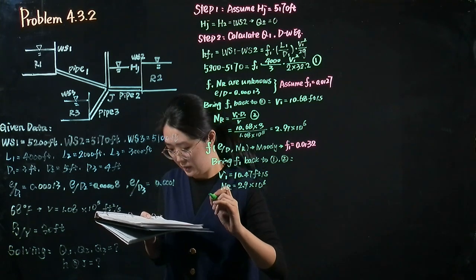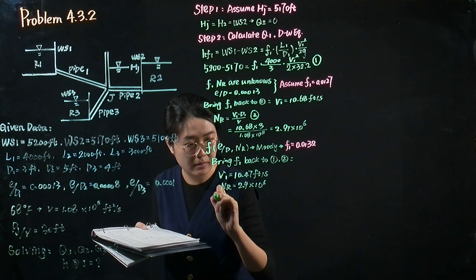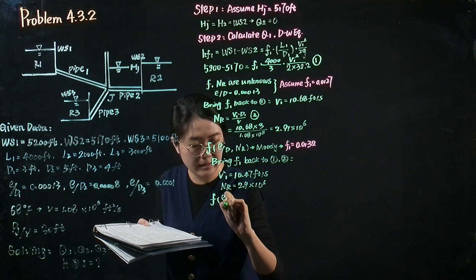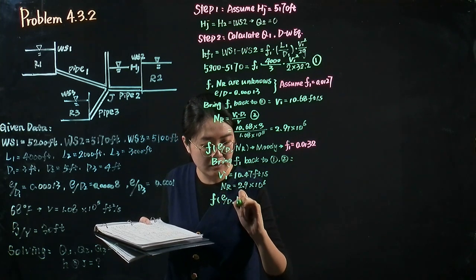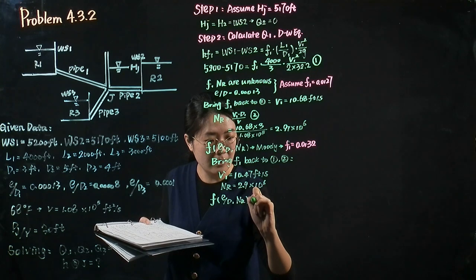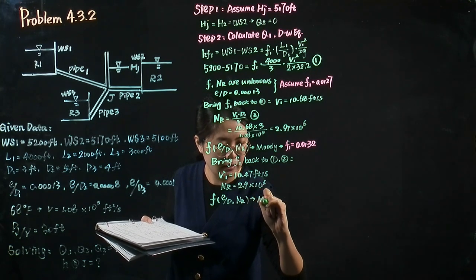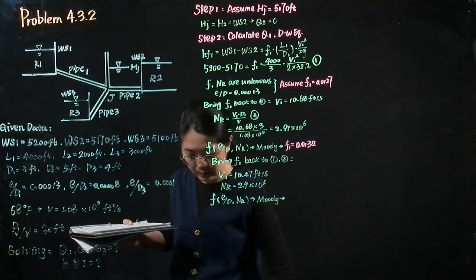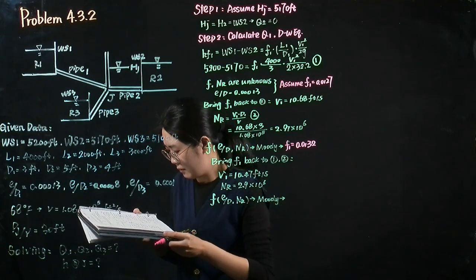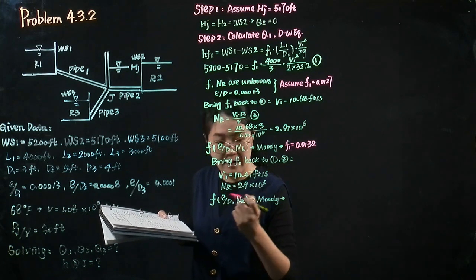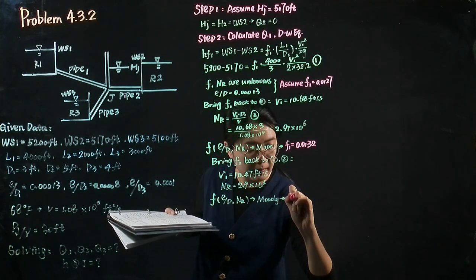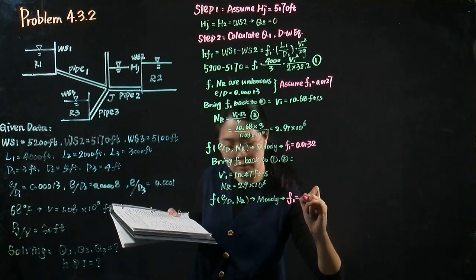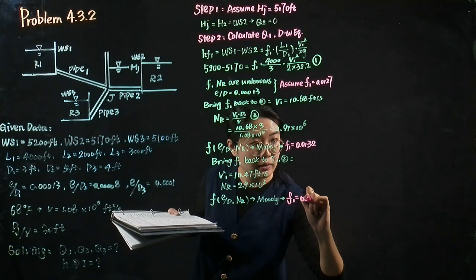And because we have the relative roughness and the Reynolds number, according to the Moody diagram, we can get another friction factor. It equals 0.0132.